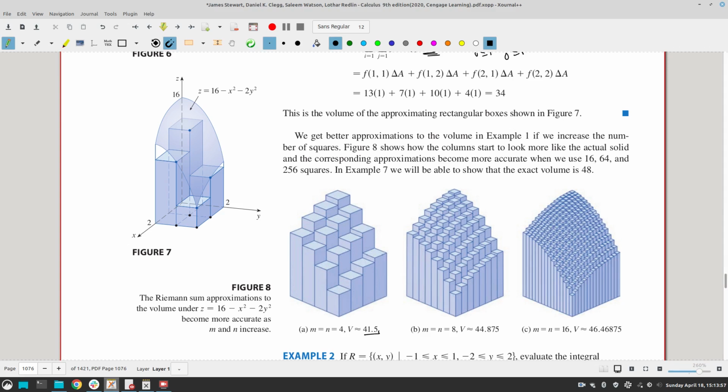If you use m equals 8, n equals 8, this is what the volume looks like. This is approximately equal to 44.875. If you use m equals n equals 16, then you get 46.46875. So we get better and better estimates of the volume under the surface.